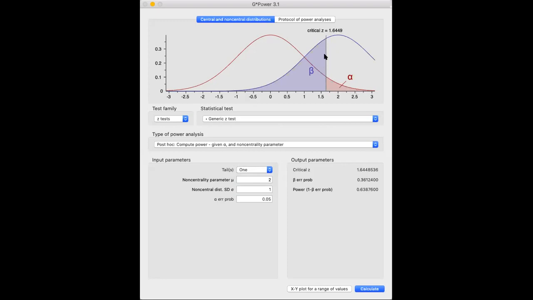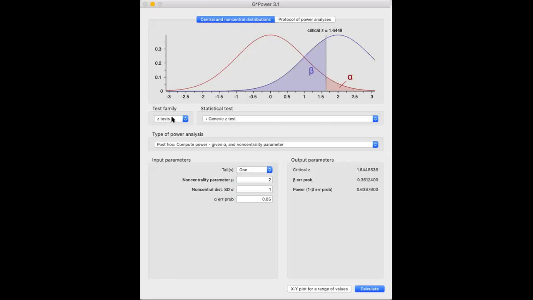By effectively changing the alpha that we are testing, we also decrease our beta to 0.36 and increase our power to 0.64. So now there's a 64% likelihood that if we randomly draw a Z value from a Z distribution with a mean of 2, the Z score will be higher than 1.65, which is different from 0.